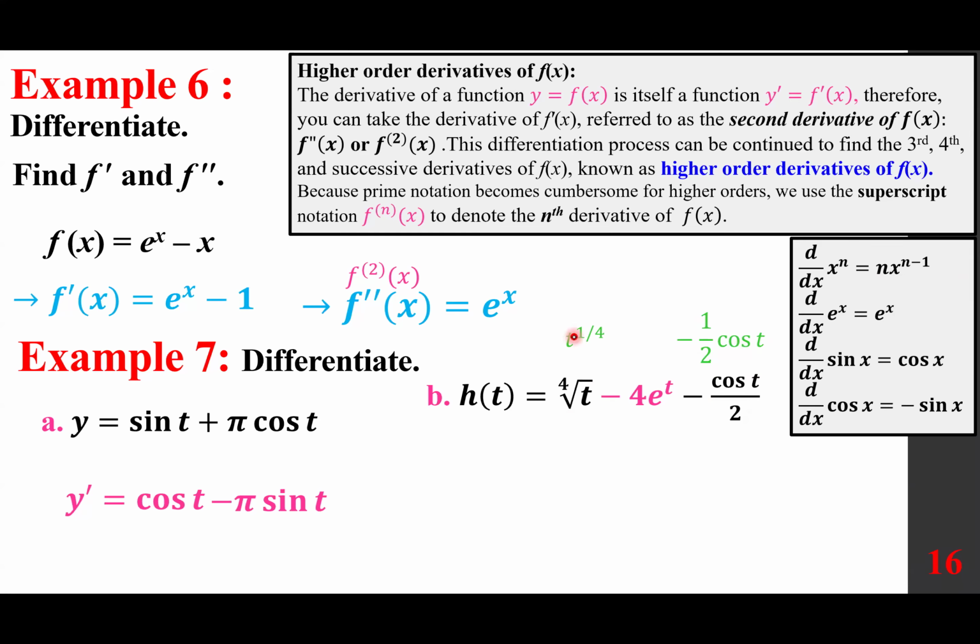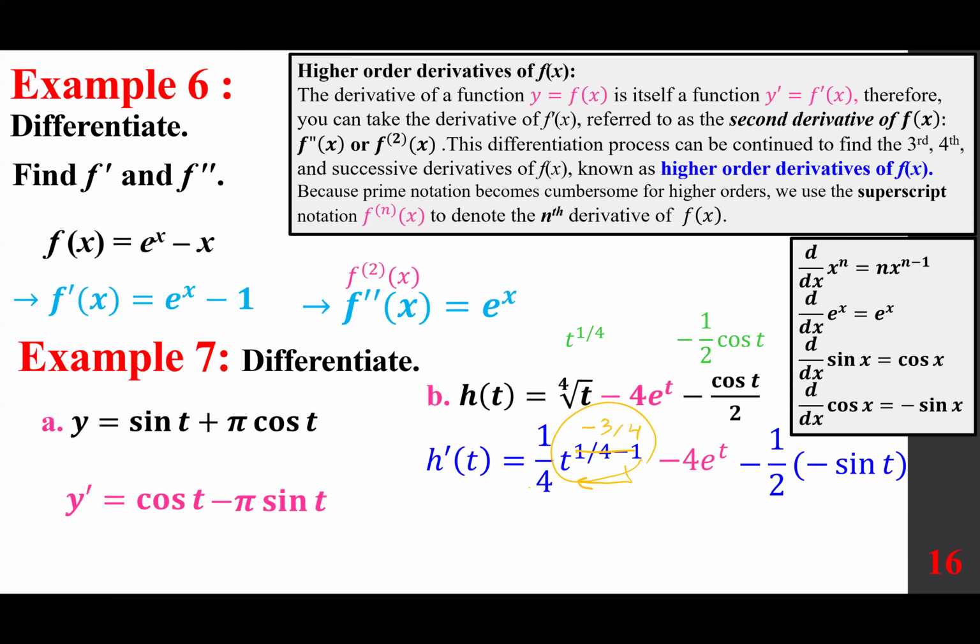So starting with that, we get 1/4, t to the power of 1/4 minus 1. This one is itself, just write it, because it's an exponential, e to the power of t. This one is negative 1/2 times cosine is negative sine, so negative 1/2 times negative sine t. One-fourth minus 1, negative 3/4.